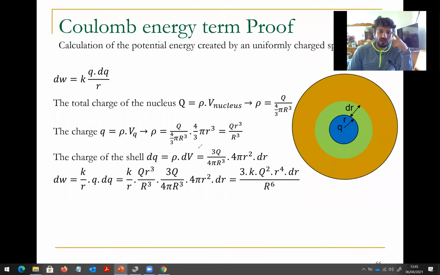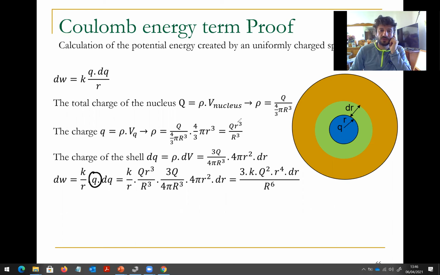Anyway, here we put dq and the q here. dω equals q divided by r times q times dq.